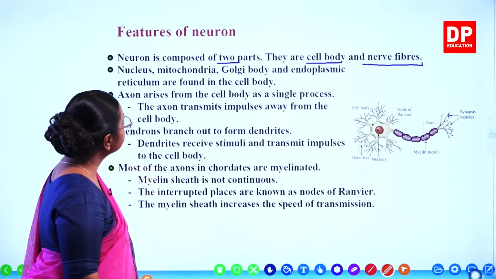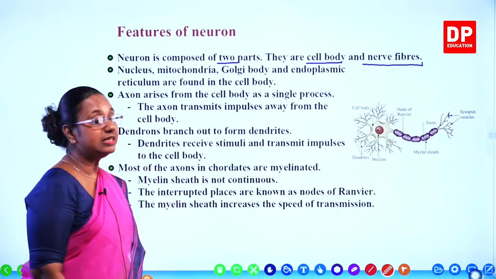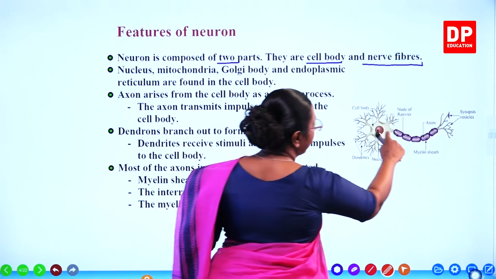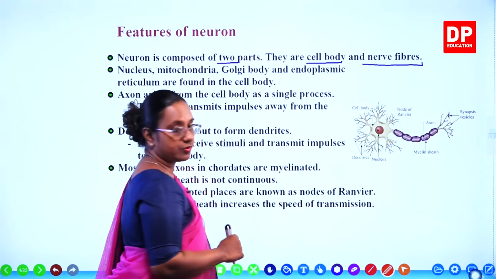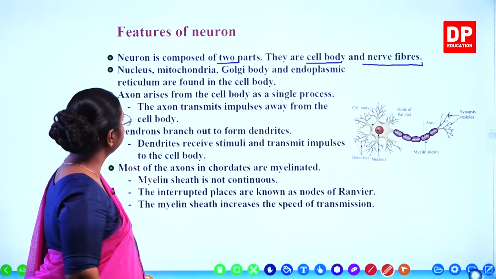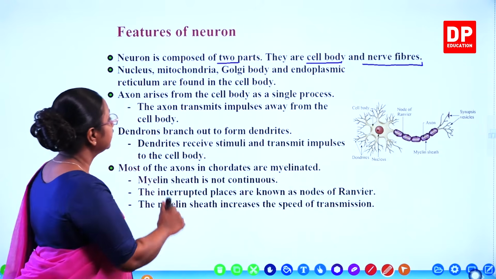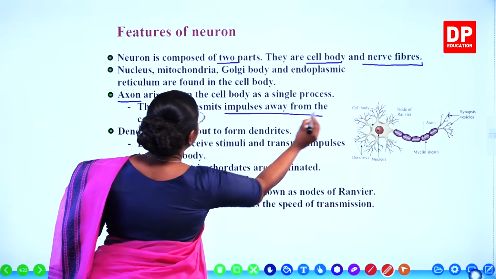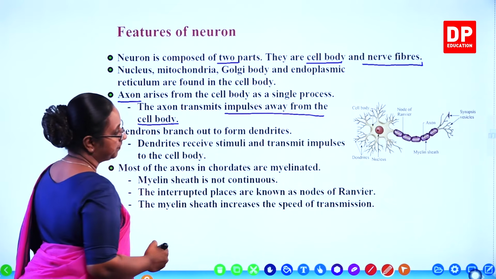Axon arises from the cell body as a single process. So axon is just one single continuous process and the generation is also one single process. Axon transmits impulses away from the cell body.